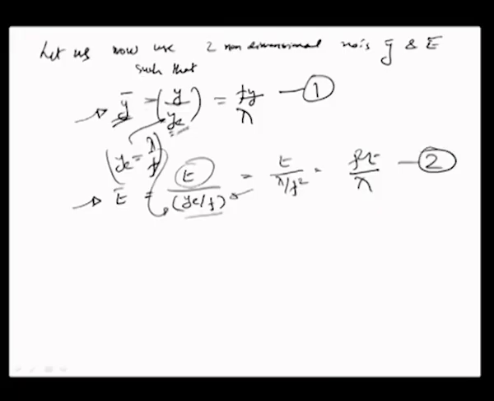So you now have a time ratio and a length ratio, t dash and y dash respectively, and they have been expressed as the scaled quantities f y by lambda and f square t by lambda. Let us now see what dy dash by dt dash would really look like.